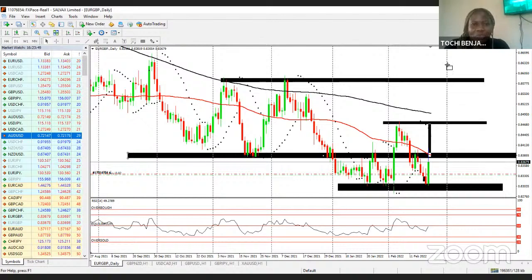Not until it breaks this one will it target this one, until it has taken out this one, obviously. That means price has closed above, be it on daily time frame or weekly time frame or H4. You can see that the candlestick might have closed above this. Now, turning this initial resistance, that means we'll be getting something like this, turning this initial resistance to a support.